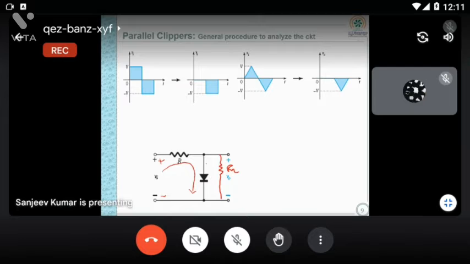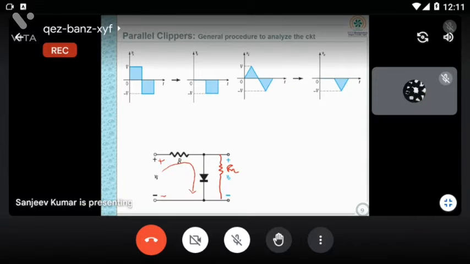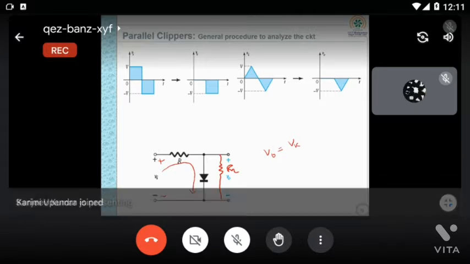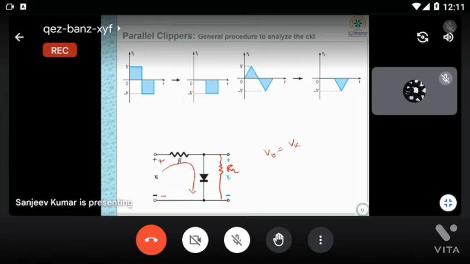Whatever voltage is across the diode, similarly the voltage across RL, both will be the same. If I take an ideal diode, the output V0 is approximately Vk. In forward bias, with an ideal diode, Vd is equal to 0 volt. Sorry, V0 is equal to 0 volt, which is shown here.